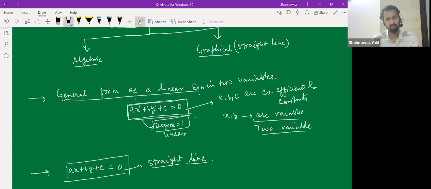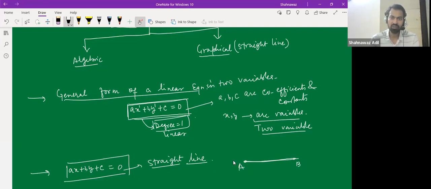Two. That's right. So if we have two points, then we can draw a straight line. That is why we need two points to draw a straight line on the graph.